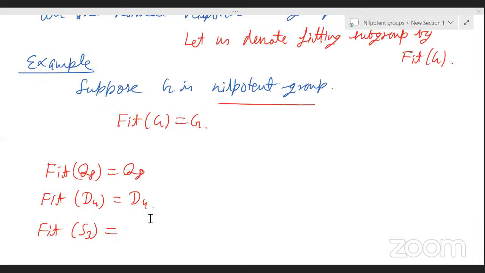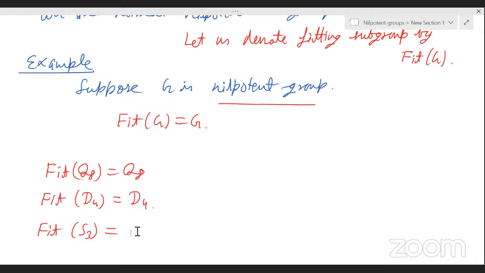How many normal subgroups are there in S3? S3 is the symmetric group on 3 symbols. As you know, the normal subgroups are the trivial group, A3 and S3 itself. And out of these three, 2 are nilpotent, trivial and A3.